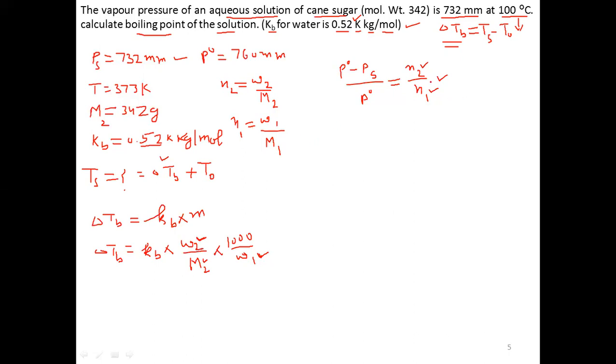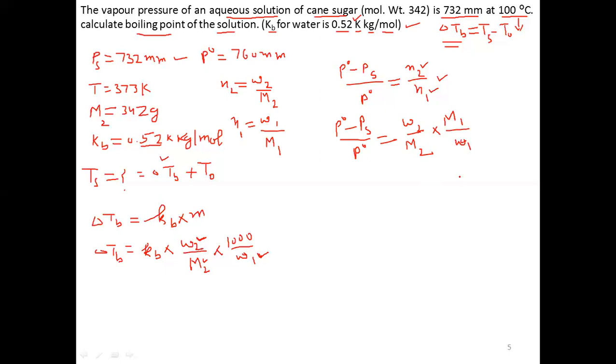Now putting the values of N2 and N1, we have P naught minus Ps by P naught is equal to N2, which is W2 by M2, divided by W1 by M1, which can be written as M1 divided by W1.